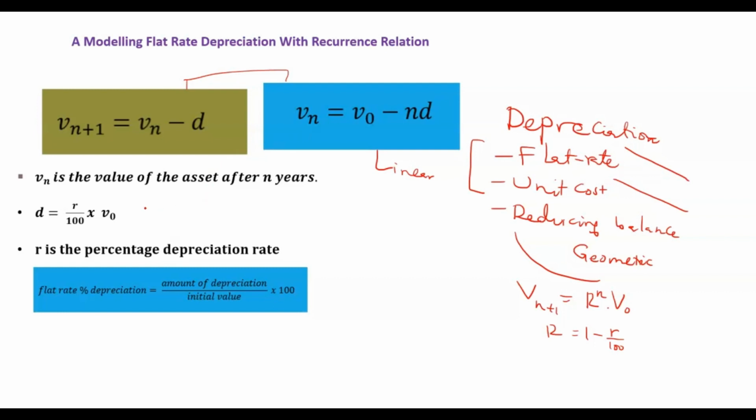D is the amount that's depreciating in a given period of time, normally in a year.